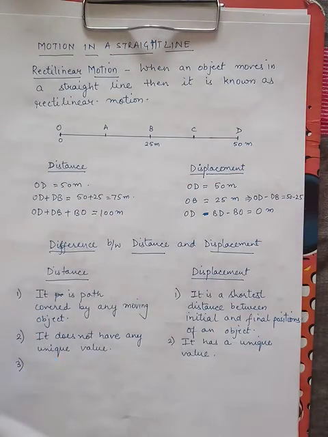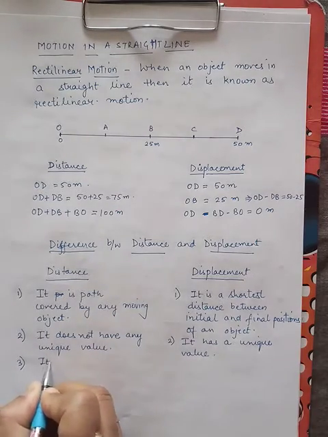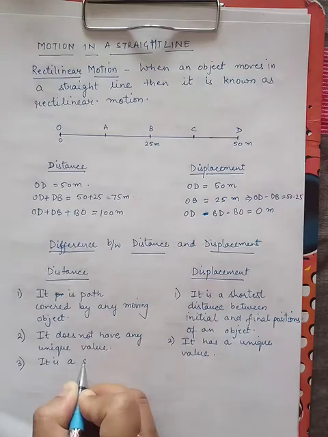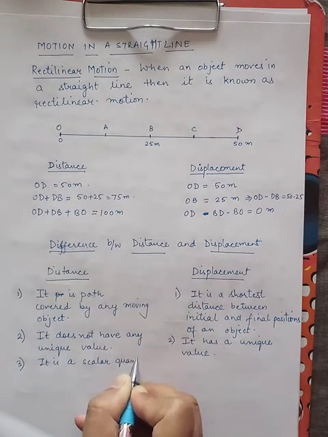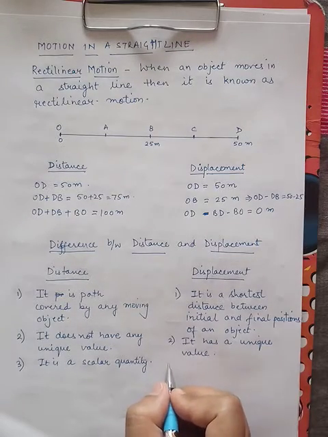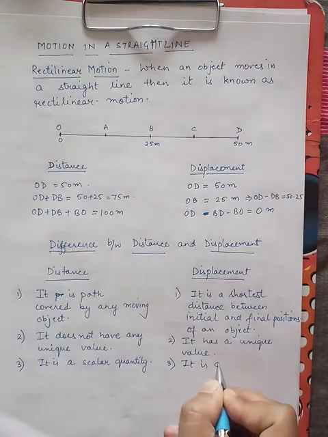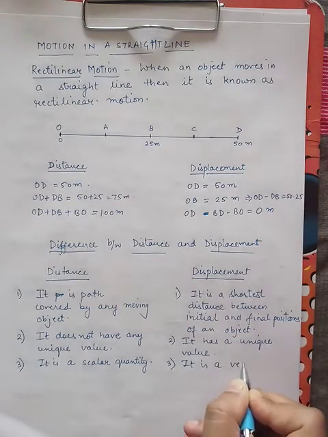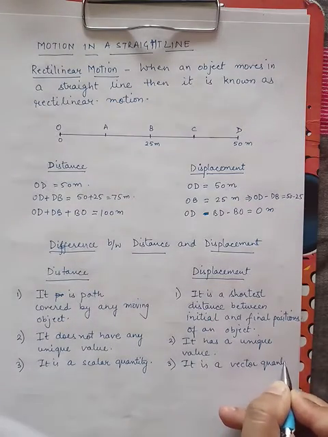So displacement has direction also. So we write, it is a scalar quantity, and it is a vector quantity.